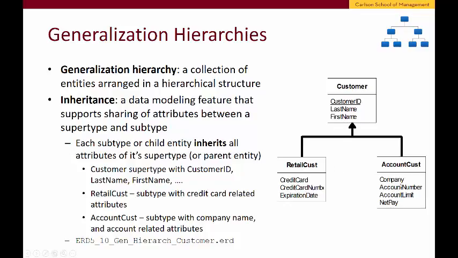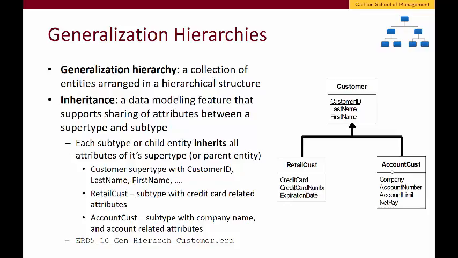Each of the child entities has additional entity-specific attributes, like credit card info for retail customer, and, I don't know, company account limit, net pay, and things related to wholesale or account customers.